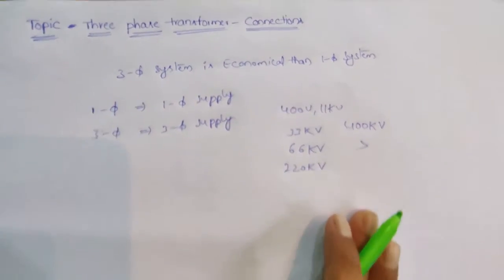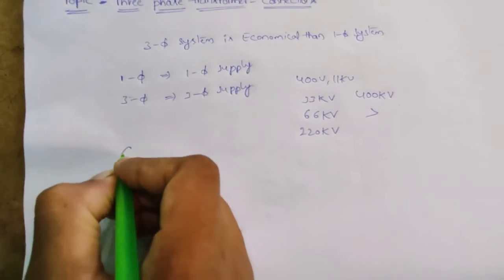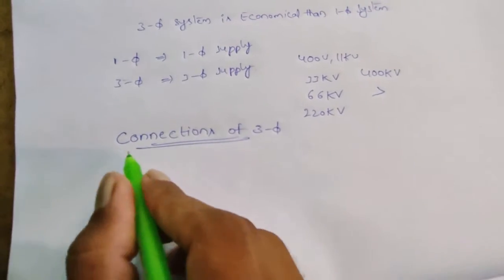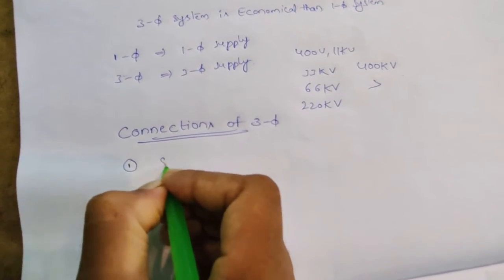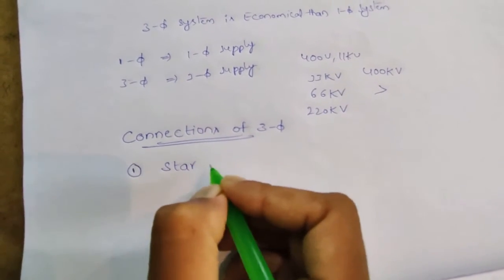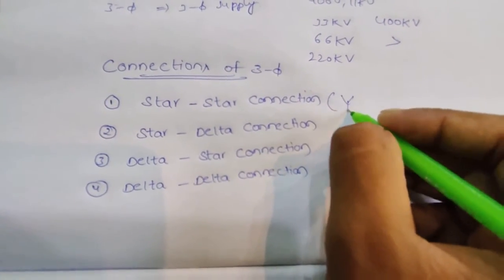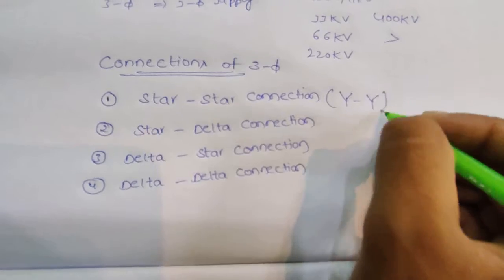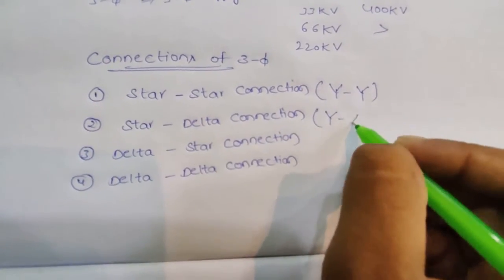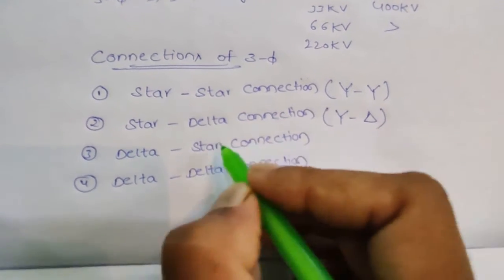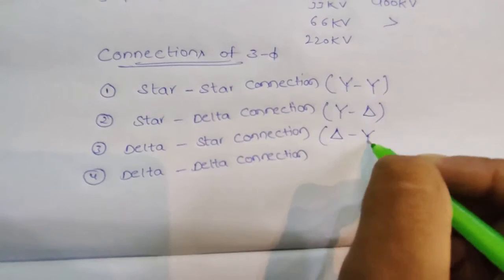Coming to our main topic of connections of three-phase. First one, star to star connection. Star to star connection we will denote like this also. And second one, star to delta connection. And third one, delta to star connection.